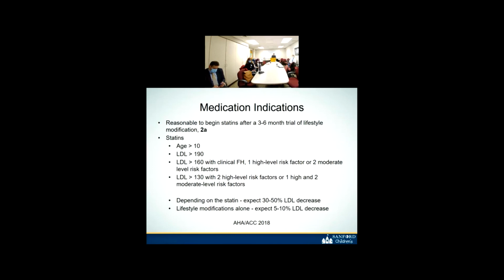And when you start a medication, you actually expect somewhere between a 30 to 50% decrease in your LDL, whereas lifestyle modifications alone will give you 5 to 10. Now, a combination of both is obviously optimal to really help drive down LDL levels. And so even just starting a child on statin, we still push for healthy eating habits and exercise.